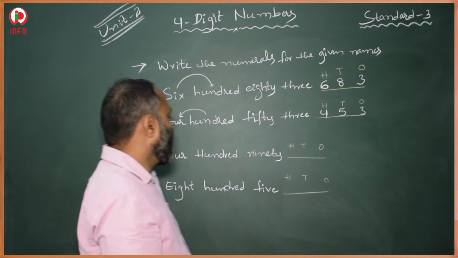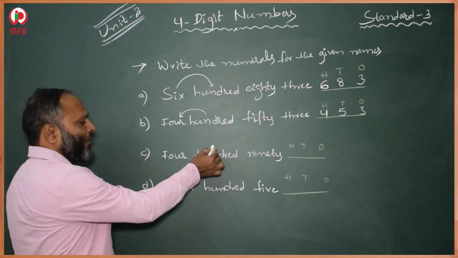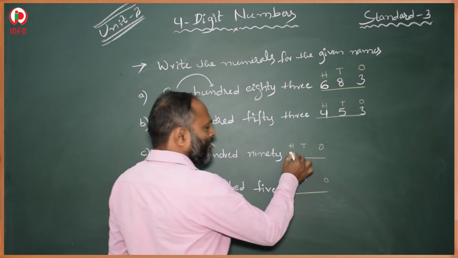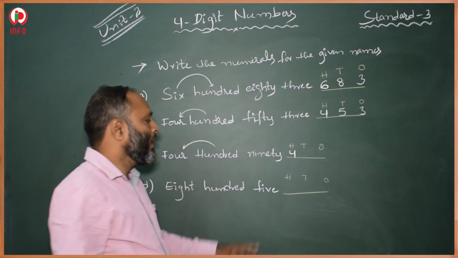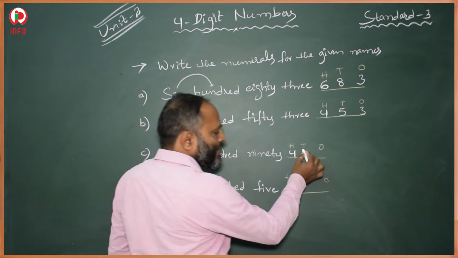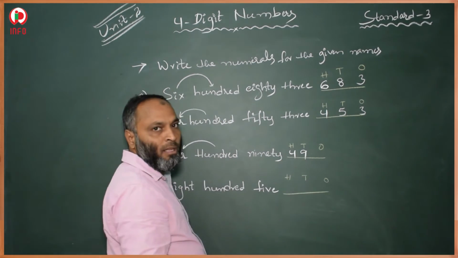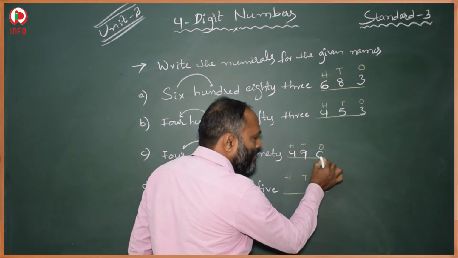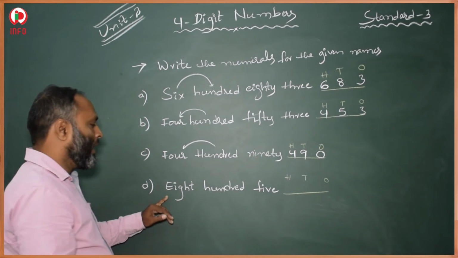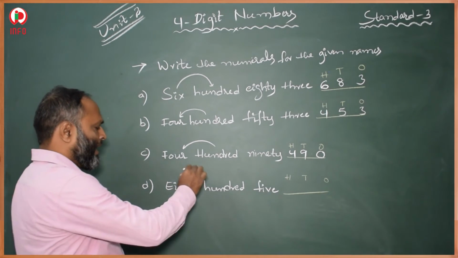In the same way 400. In the hundreds place 4. Then 90. 90 means in the tens place 9, in the ones place 0. This is 490. Here 800.